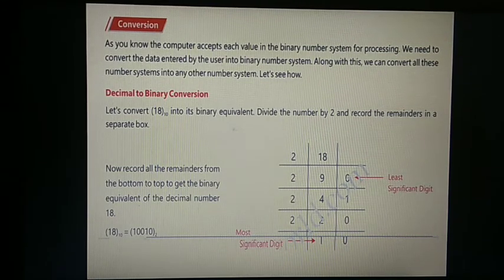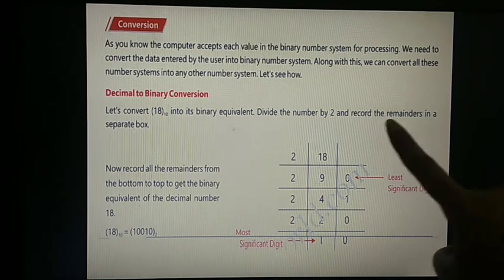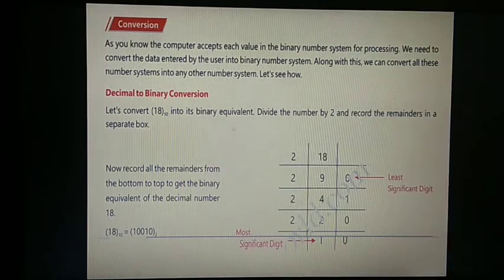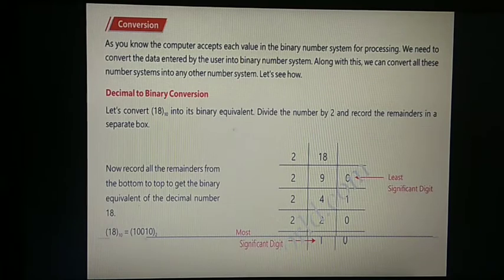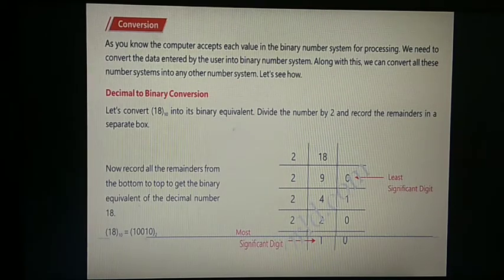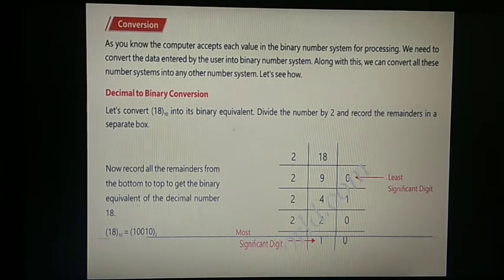So divide the number by 2 and record the remainders in a separate box. You may be thinking, why do we want remainders? We want only the answers. Actually, in number systems, the remainder itself is the answer here. The remainders are considered as the answer.